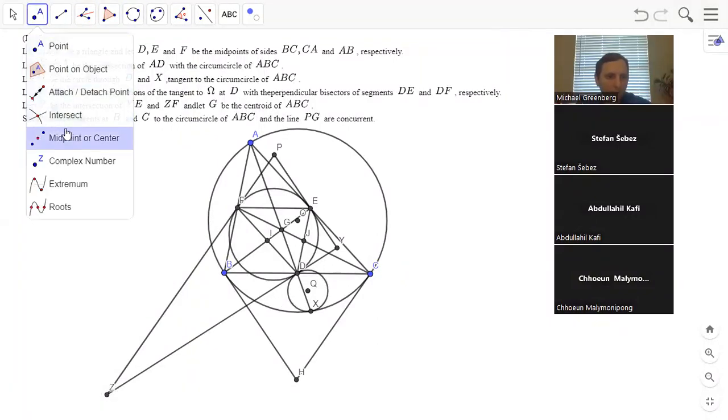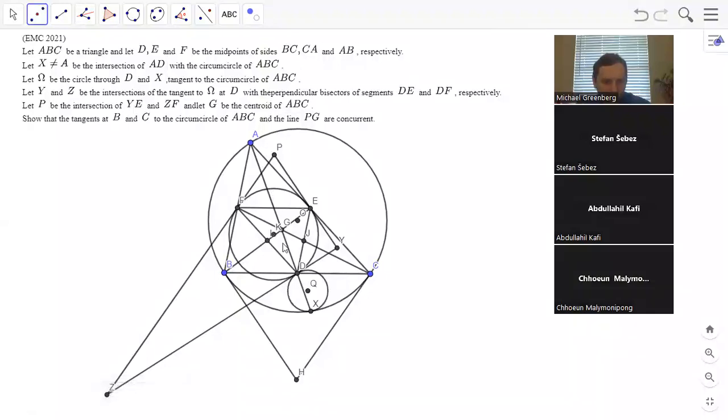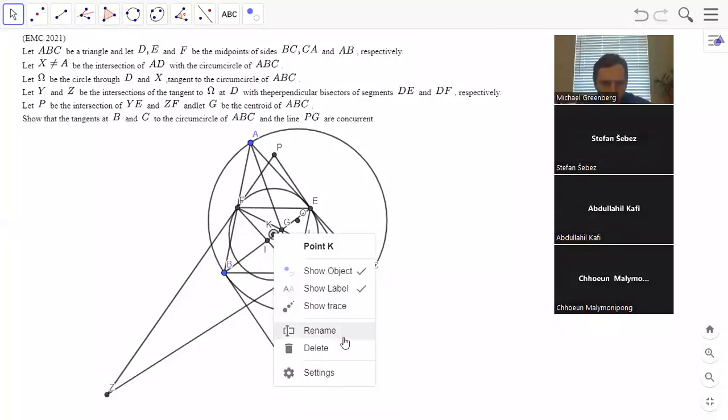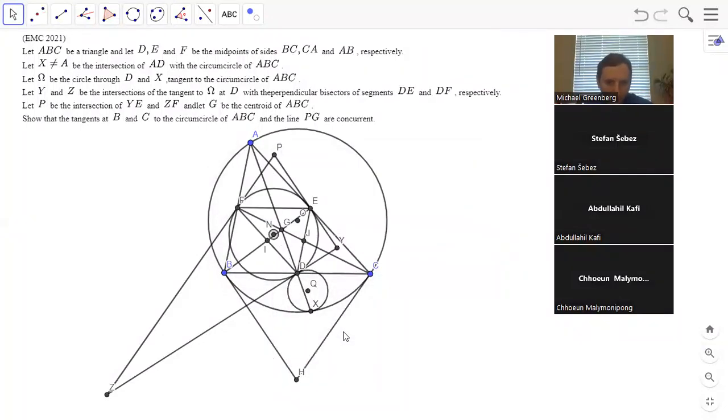So yeah, let me draw the nine-point center. This is N. Or maybe we could start the other way.